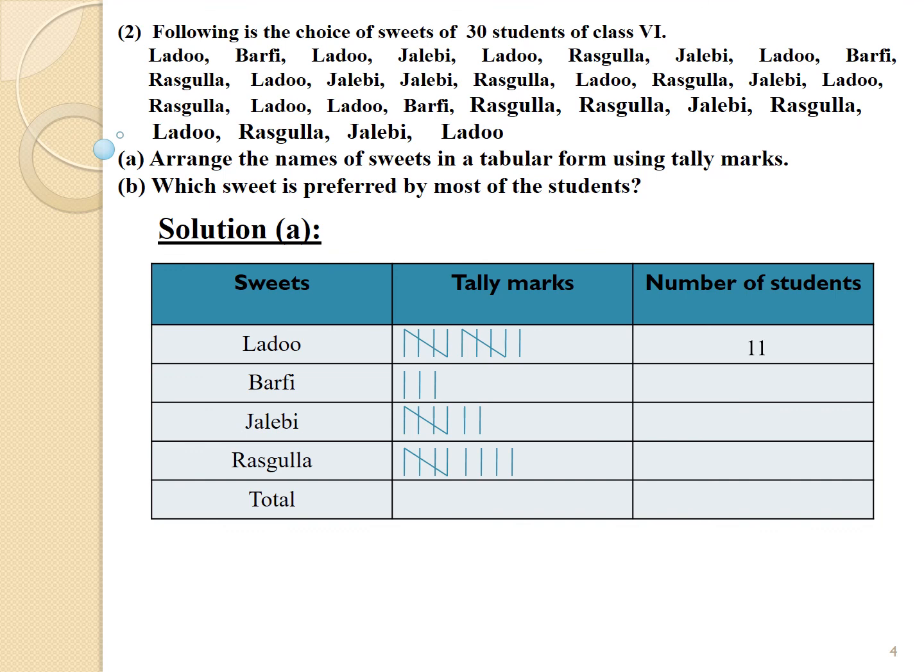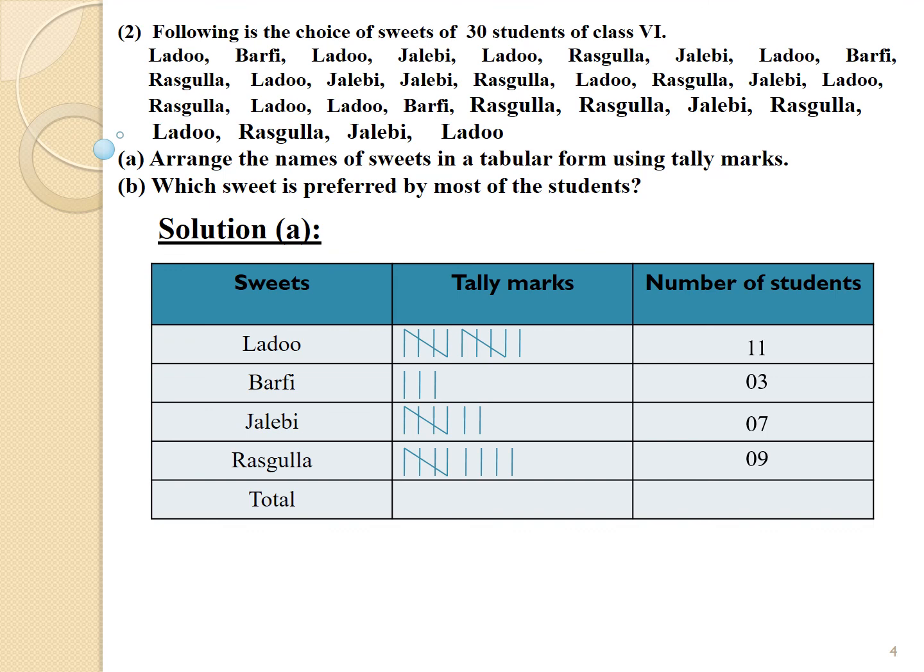Now, count the tally marks for barfi and write the answer in the third column. Now, count the tally marks for jalebi and write the answer in the third column. Now, count the tally marks for rasgulla and write the answer in the third column.